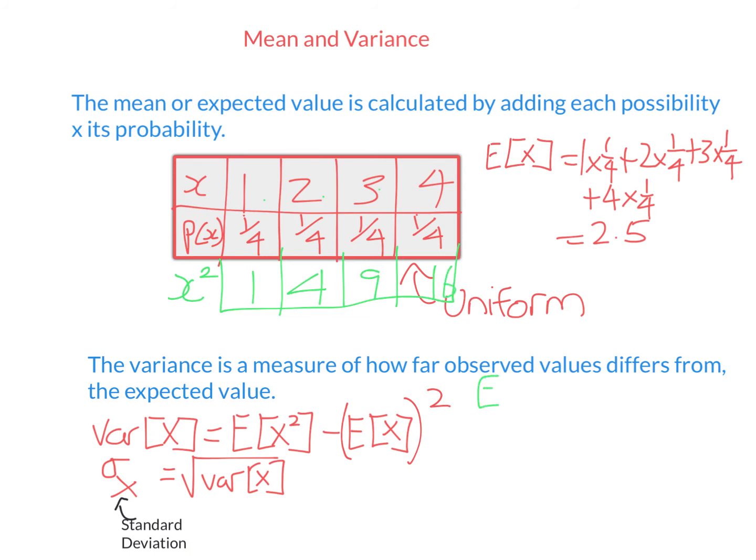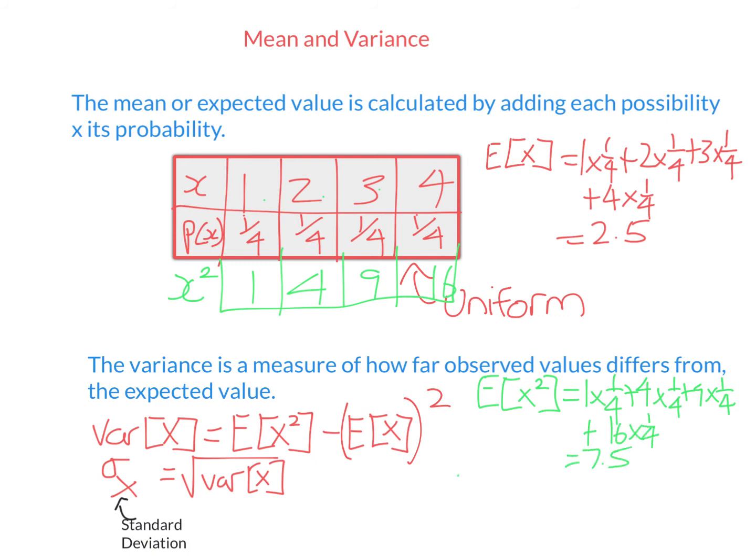The expected value of x squared is calculated similar to above. We take each possible value of x squared and multiply by its probability. If I add up all of these numbers, I get 7.5.